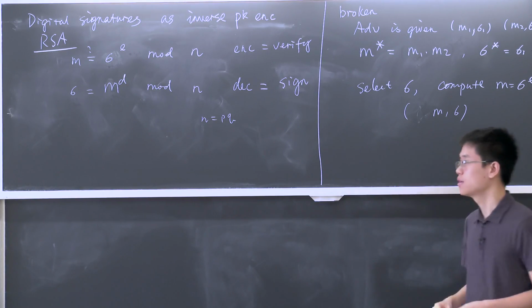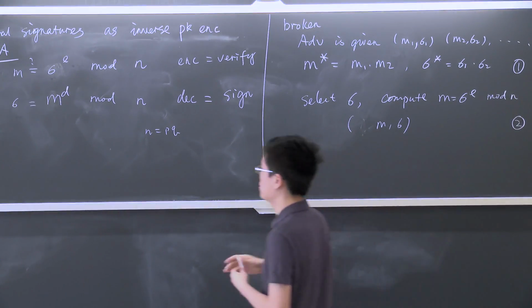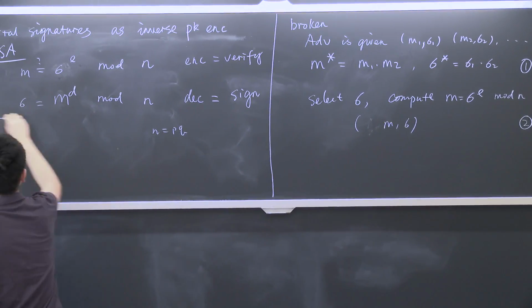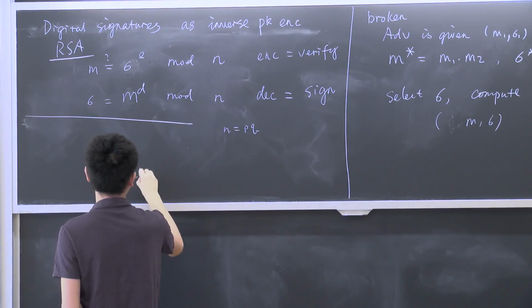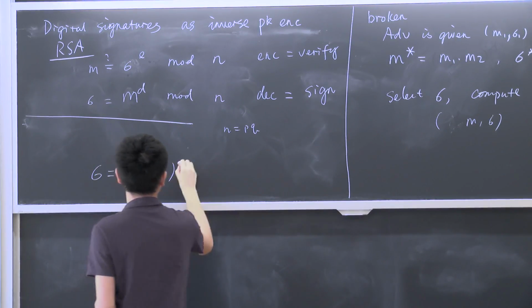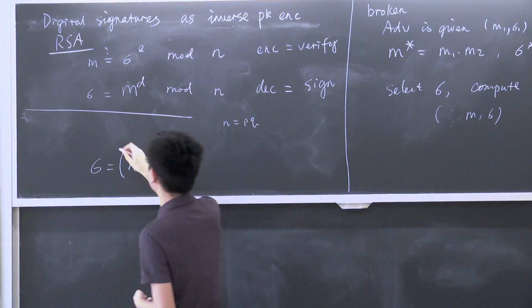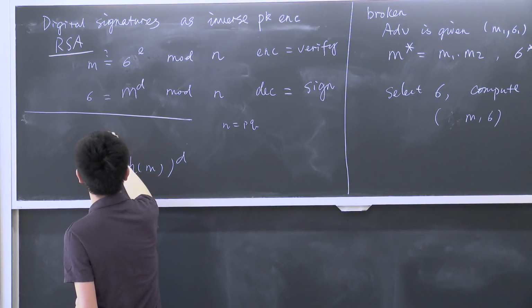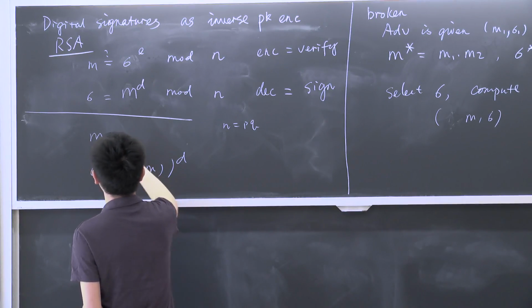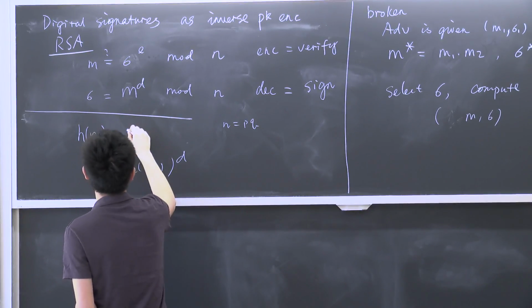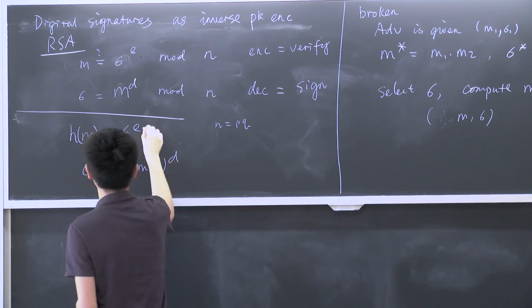Exactly. Let's just make a small change. So sign will be hash of m raised to d, and verify will just check whether hash of m equals signature raised to e.